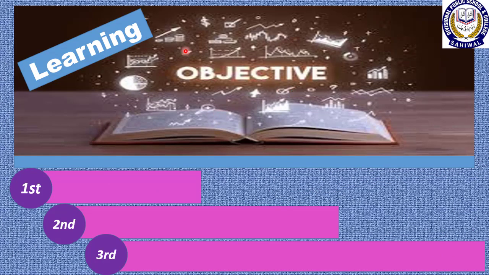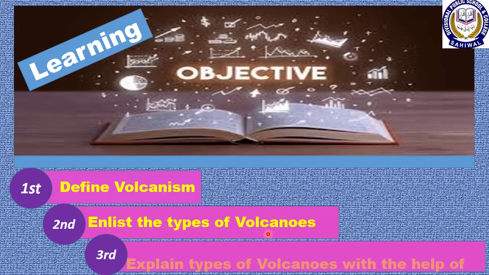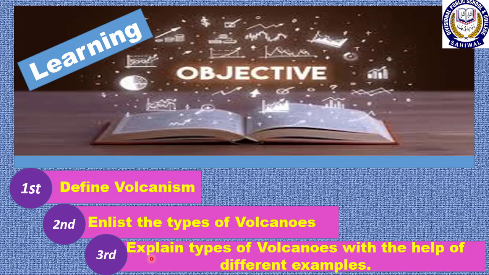By the end of the lesson, you will be able to, first, define volcanism; second, enlist the types of volcanoes; and third, explain types of volcanoes with the help of different examples.